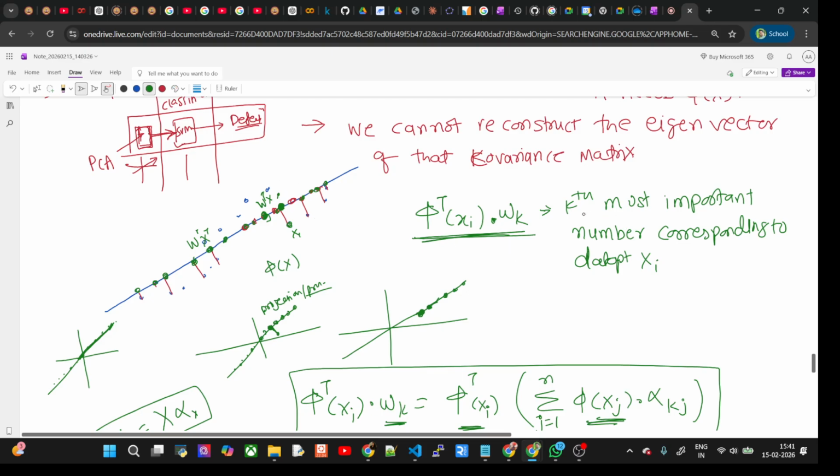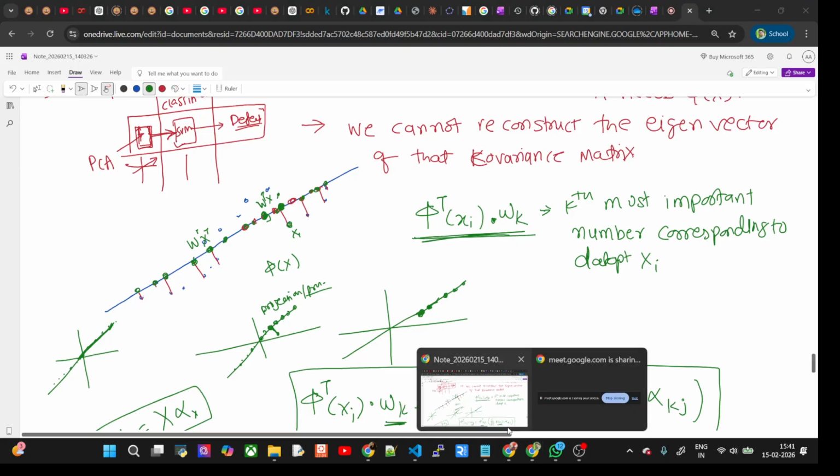That is the most important number corresponding to the data point. These are the projections which contribute to the variance. So you need the variance; indirectly, the variance will give you the best line, and hence this is what kernel PCA does.